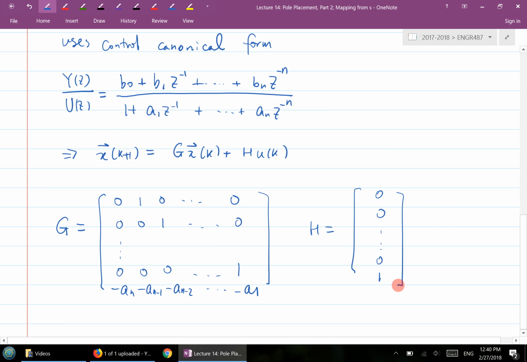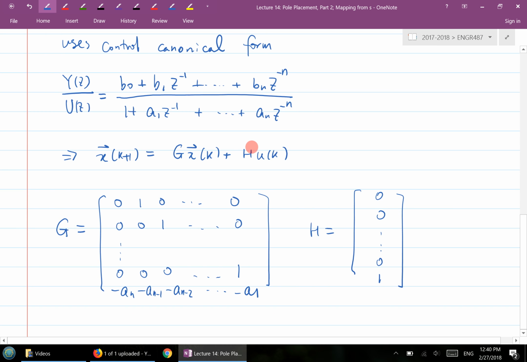So the idea essentially is, given a system, any system, you can have an infinite number of ways to put it into a state space model, right? There are infinite solutions for the state space equation, and one of them is this control canonical format.